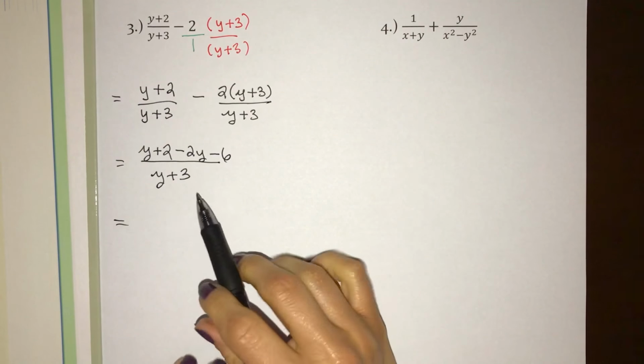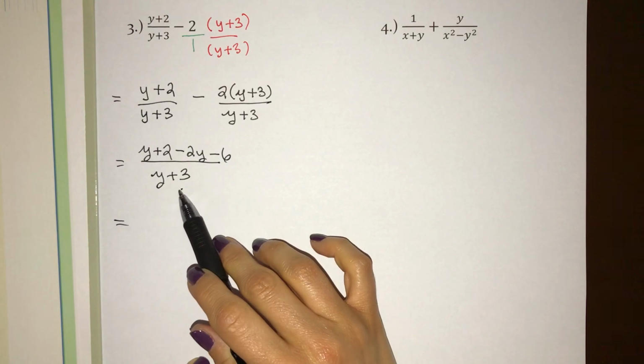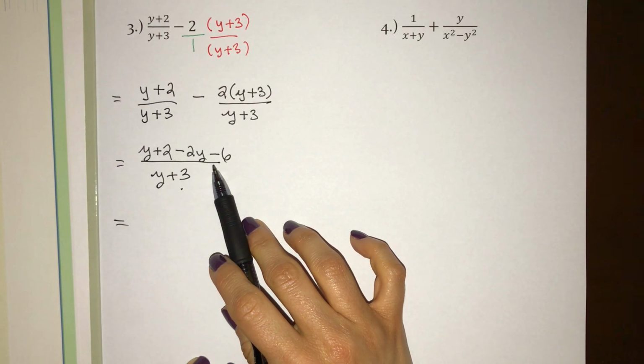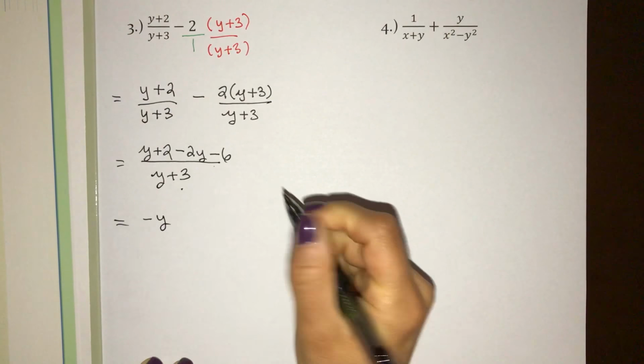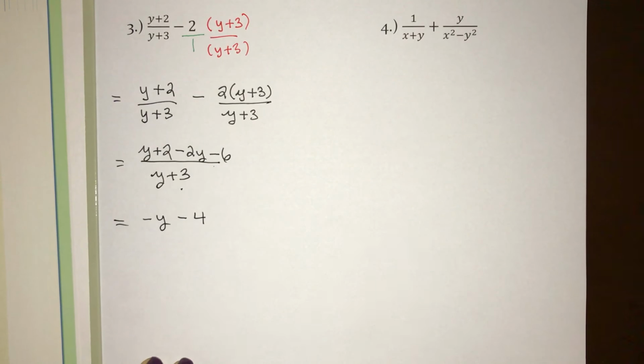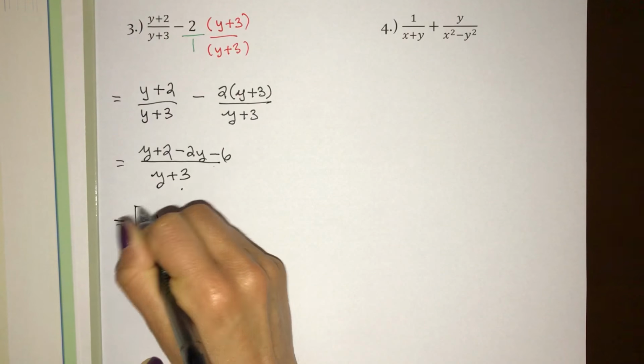I do not need to factor the denominator. It is already completely simplified and factored. I do need to combine like terms in the numerator. This is my final answer.